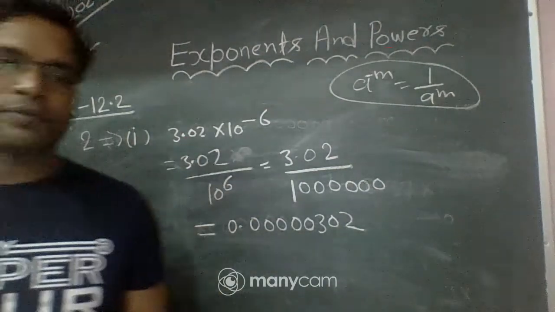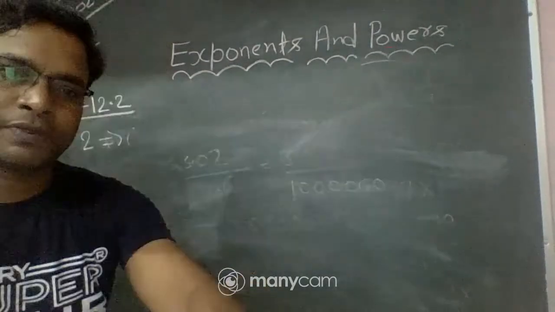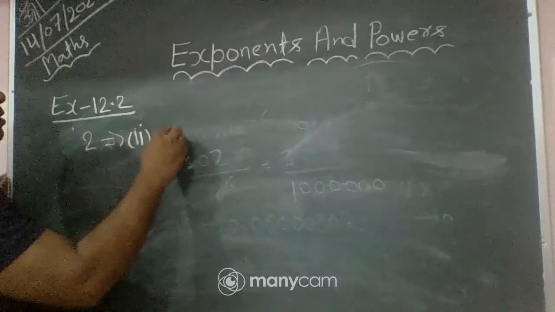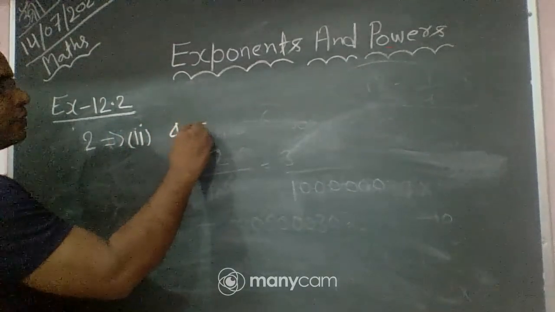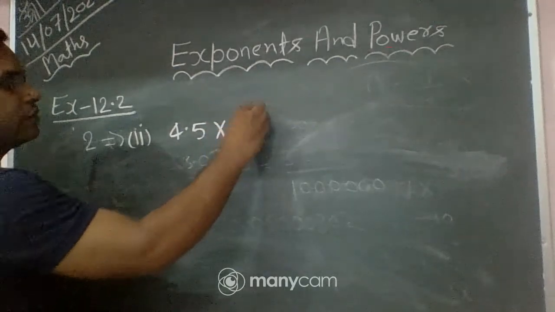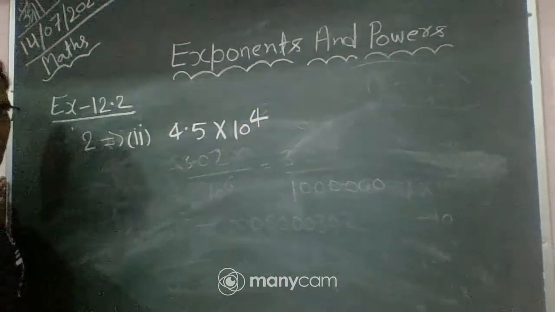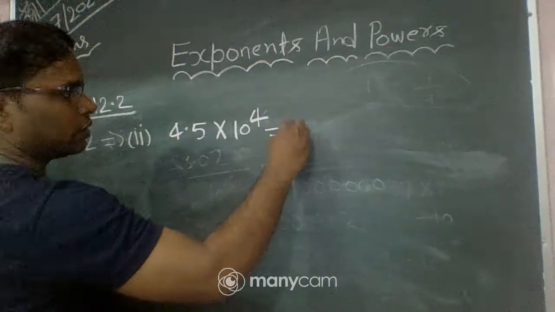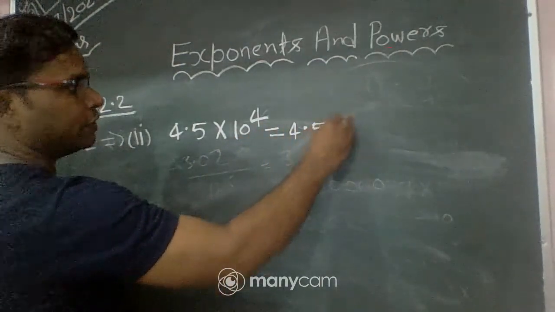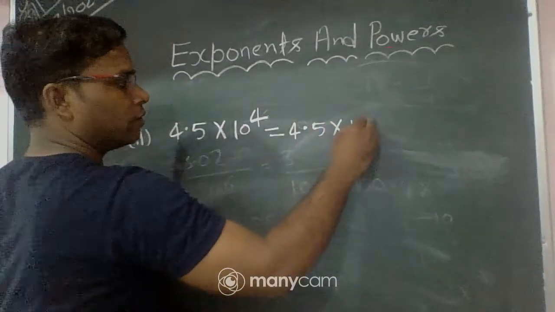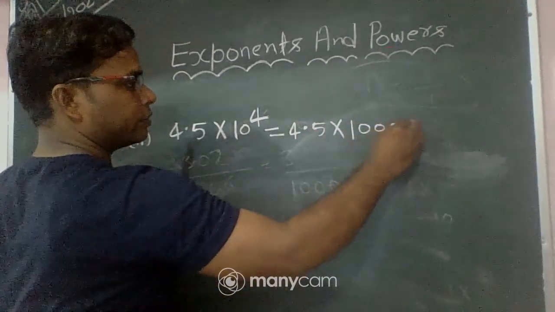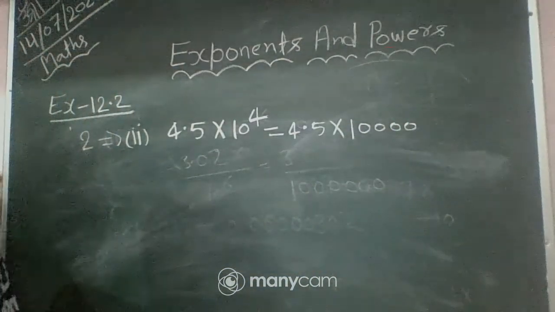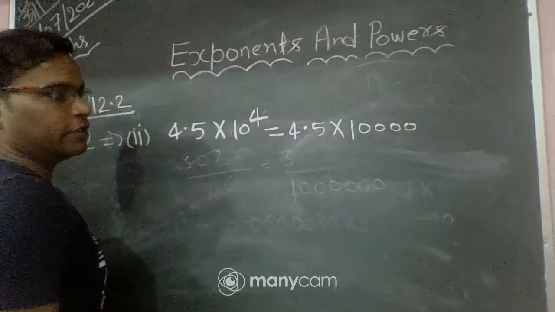Now the next part, second part of question number 2: 4.5 into 10 power 4. Okay, so you know 10 power 4 is equal to 10,000.